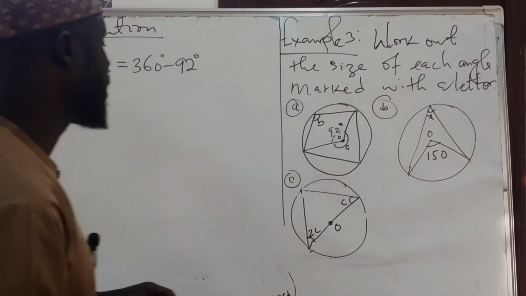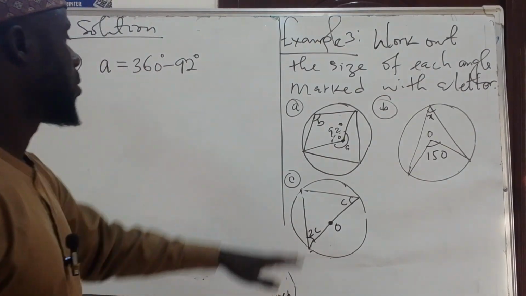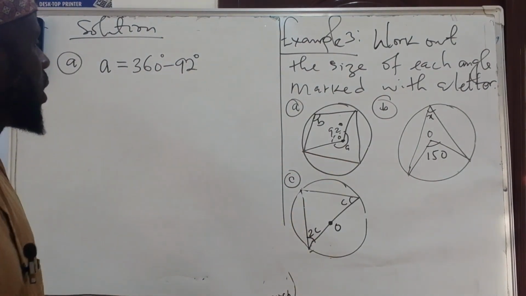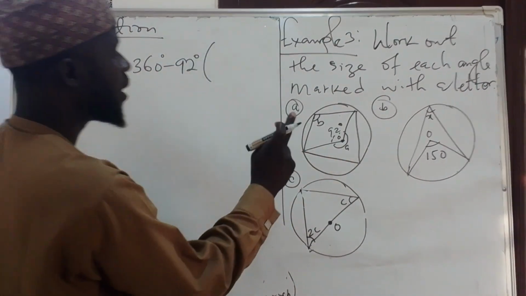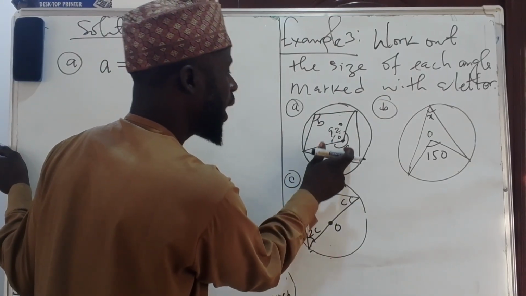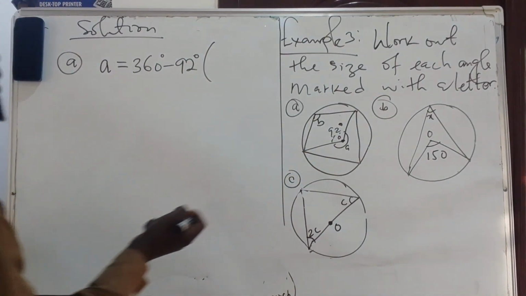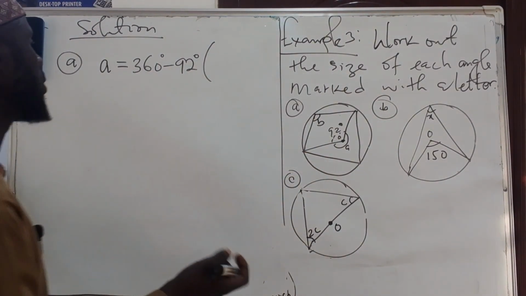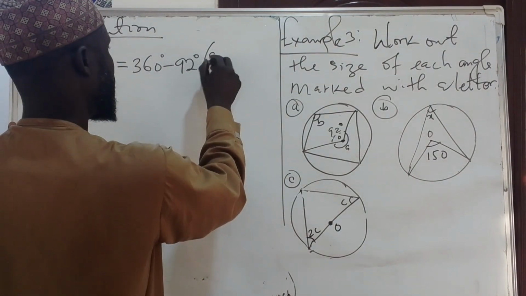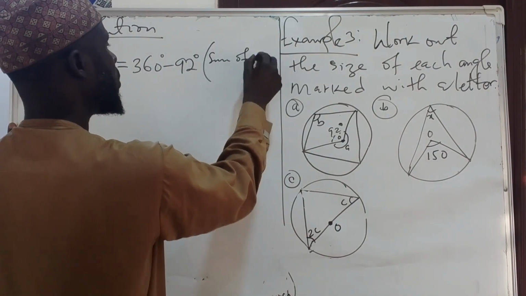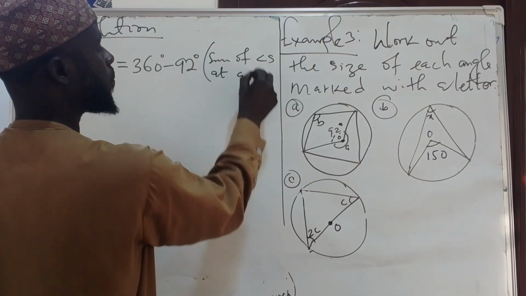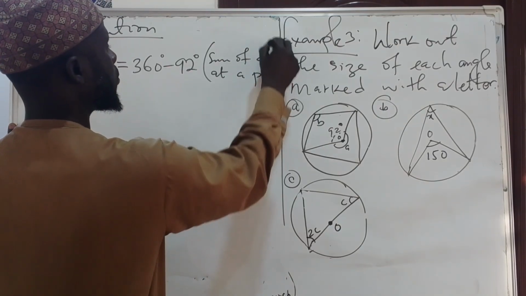So why do we say so? So that if you have 92 plus A, it will give you 360 degrees. That is the sum of angles at a point. That is the reason.